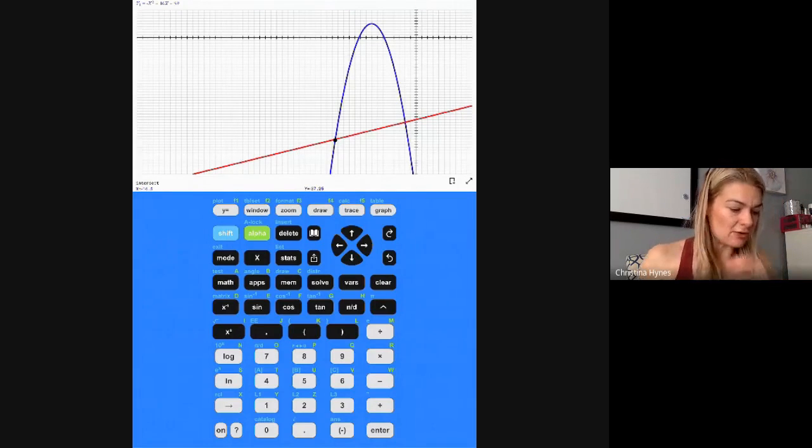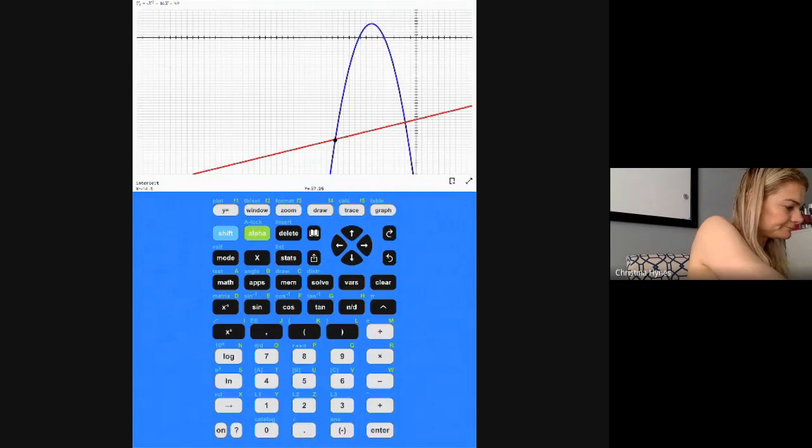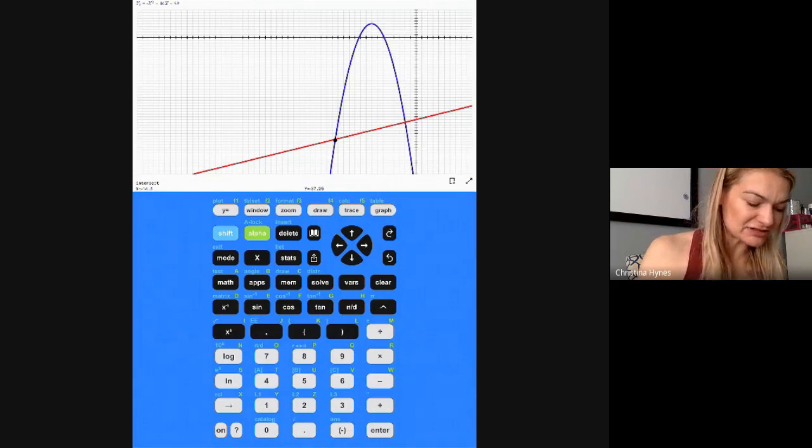Okay, so there you go. It should say intersection, and the coordinates for mine would be negative 14.5 and negative 37.25. So that is what you need to write in as your solution.